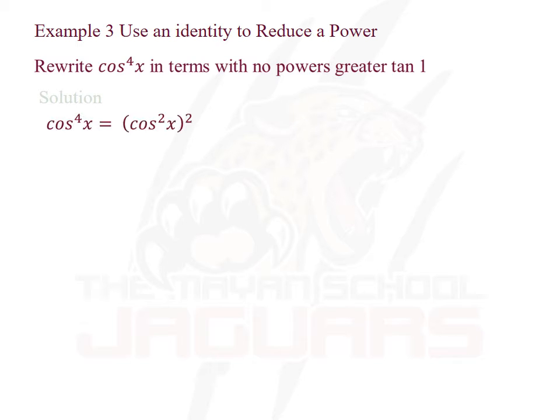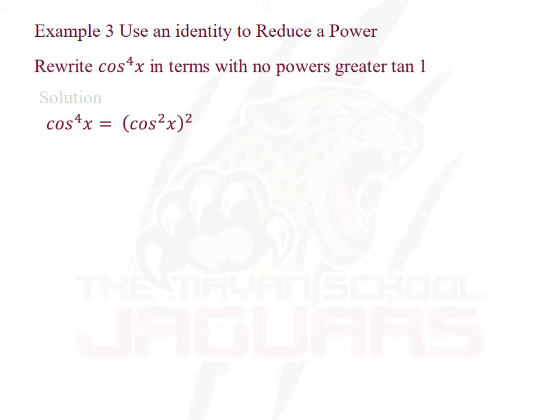Let's begin. First of all, cosine to the 4th power of x is exactly the same as cosine to the 2nd power of x raised to the 2nd power. This is by using powers of powers: when we have powers of powers, we multiply the exponents. So cosine to the 4th power of x becomes cosine square of x to the 2nd power.